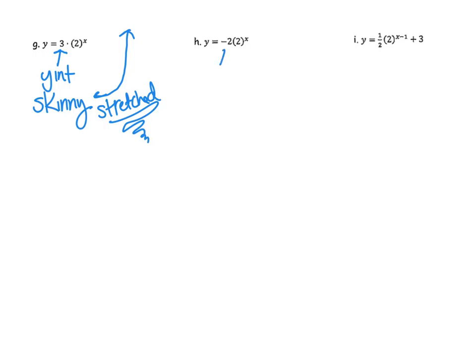Okay, what about this negative 2 in front for H? What does negative mean? Downward. 2 means it's also going to be skinny, but it looks like this. Skinny like that, like stretched like that.